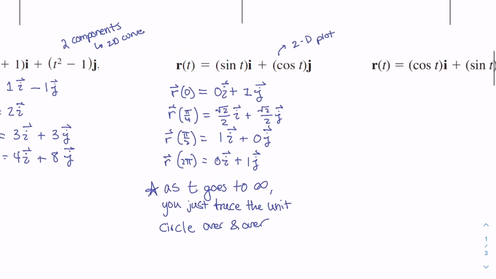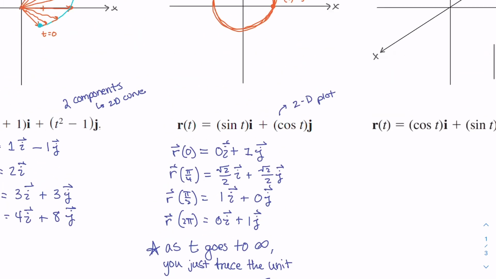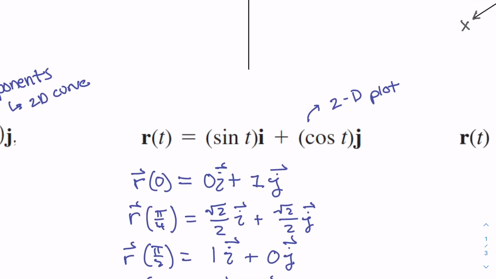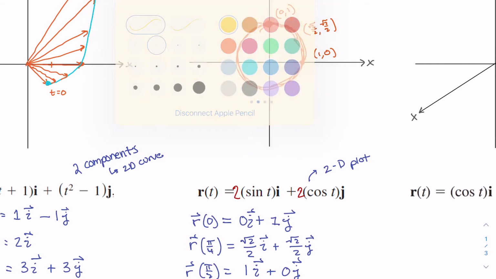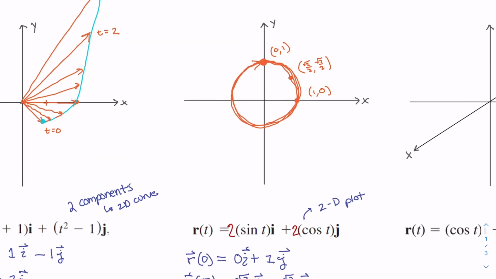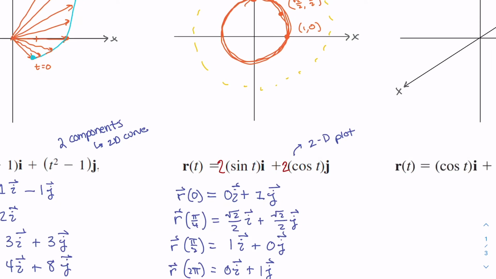Now you could imagine some transformations of this function, where if I put a scalar coefficient in front of these two components, like 2 sine of t and 2 cosine of t, all that would do is increase the radius to 2. So it would instead trace out a circle that is twice as big. Or I could just do it to one of the components. I could do 2 sine of t in the i direction, and 1 cosine t in the j direction.